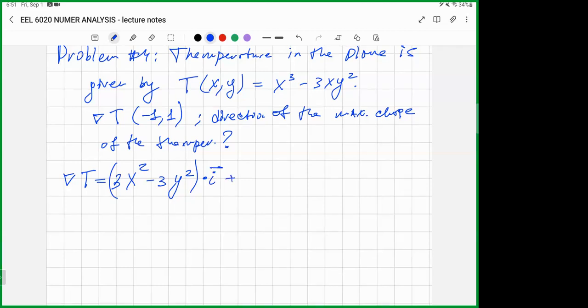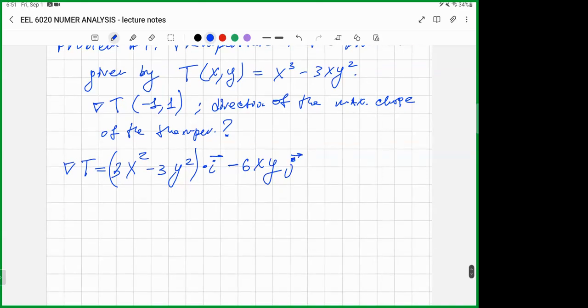And for the y, it is given by the derivative by y, which is minus 3x times 2, so 6xy times j. Right. So this is the gradient distribution in the same field, and it also changes from point to point. And what is the gradient at the point 1, minus 1?